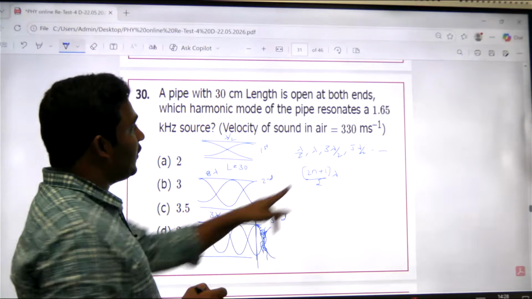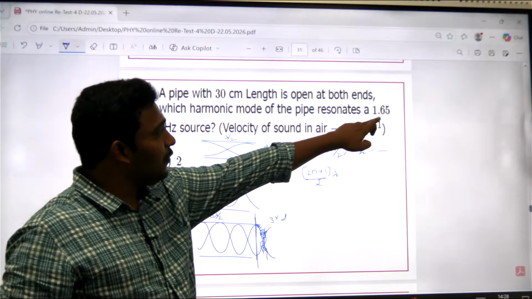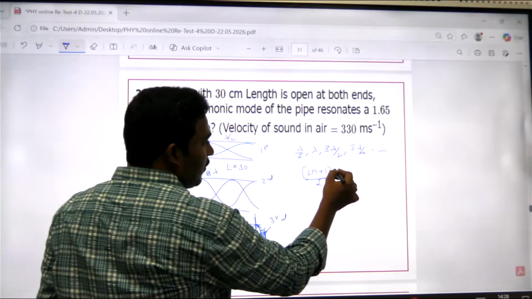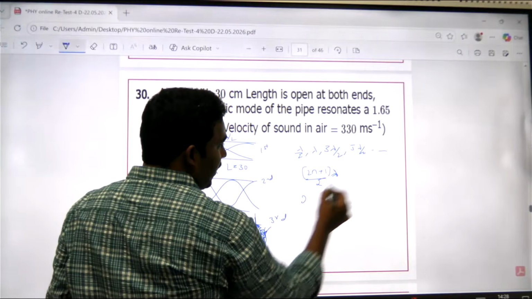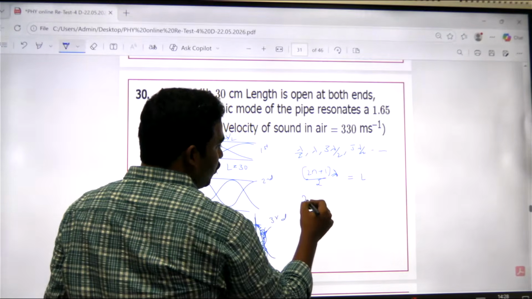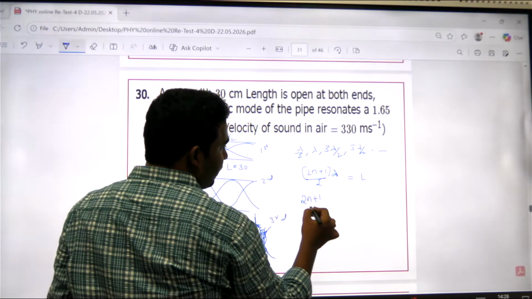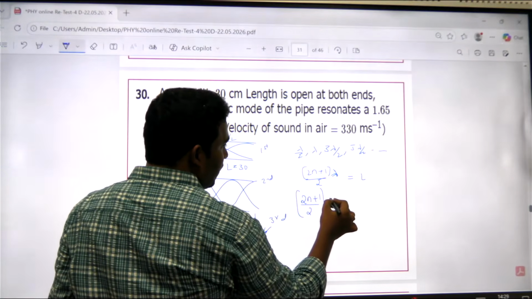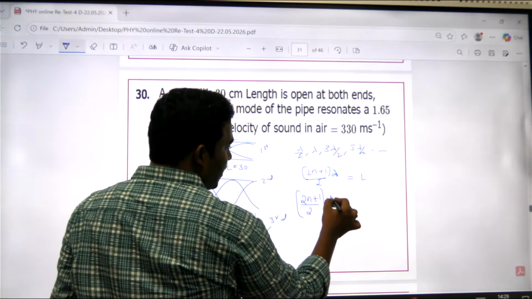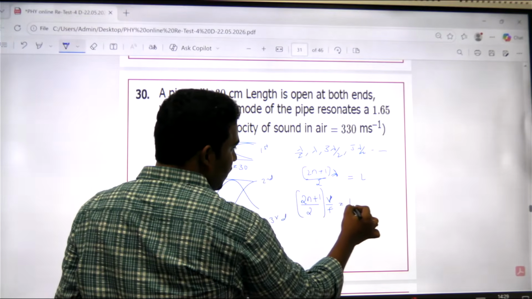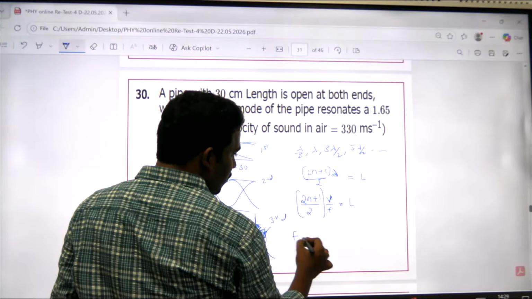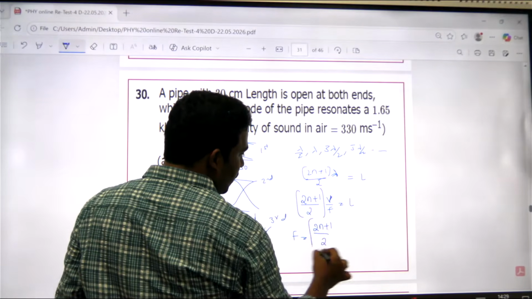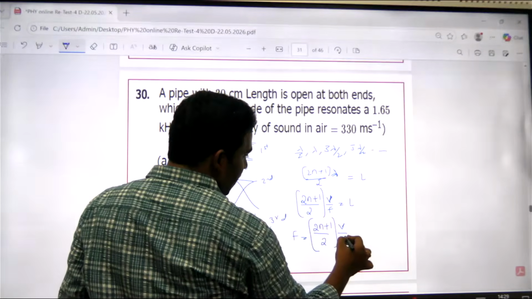And he's saying that the resonance frequency is 1.65 kilohertz, and this is the wavelength. Wavelength has to be equal to the length of the pipe. So (2n plus 1) divided by 2 into lambda. Lambda is nothing but velocity by frequency, which is equal to L. So your frequency is equal to (2n plus 1) divided by 2 into velocity divided by length.